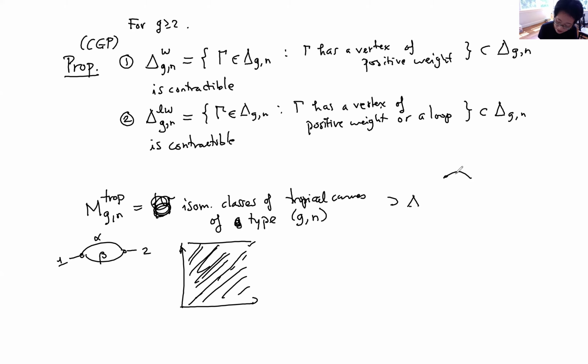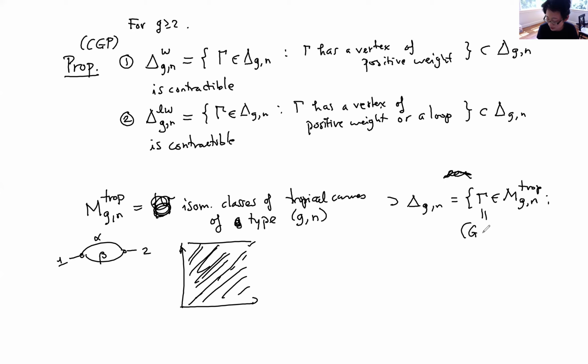If we are to have any hope of an interesting space topologically, you had better slice that generalized cone complex with a sphere, namely parametrizing those tropical curves with the total edge length.